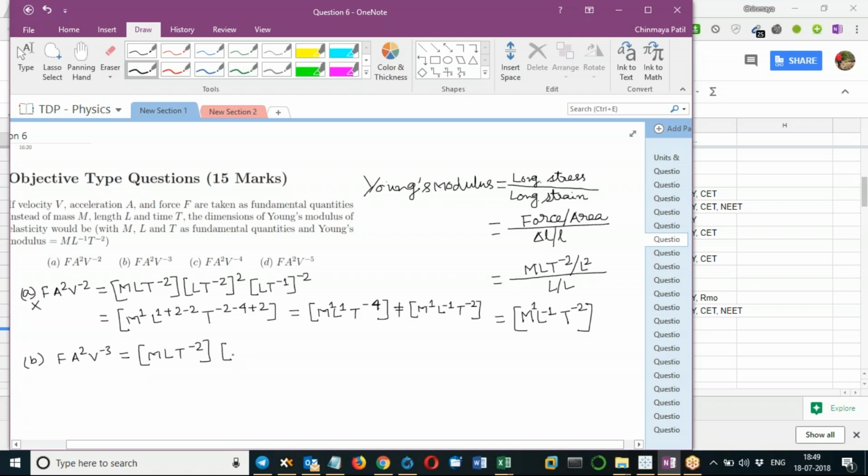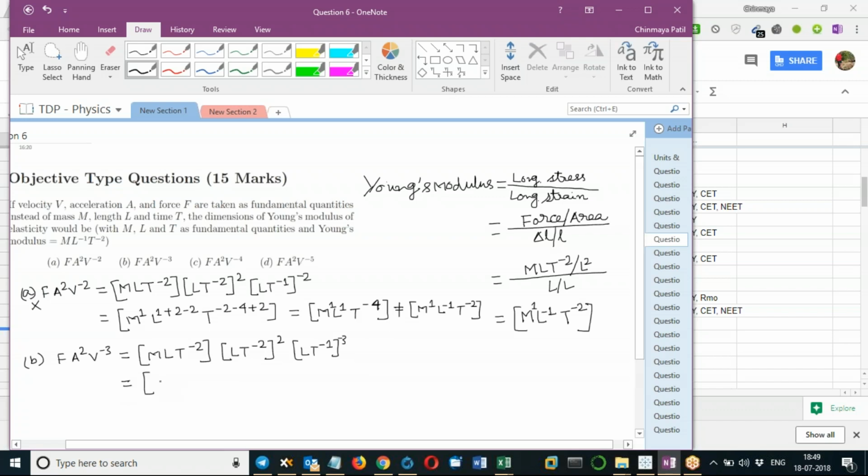Then a square is L T power minus 2, all to the power 2, and v power minus 3, where v is L T power minus 1, all to the power minus 3. If you simplify this further, you will get something like this.